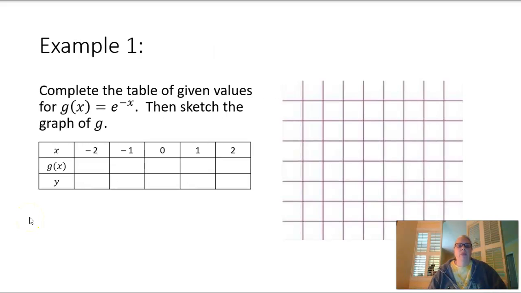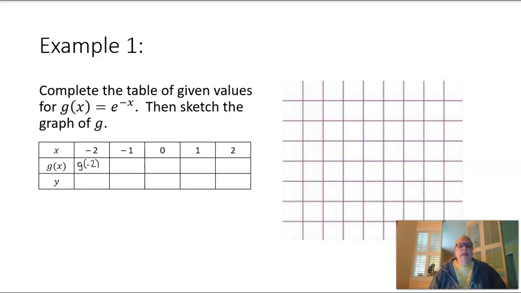For example 1, we're supposed to complete the table of given values for the function g of x is equal to e to the negative x, and then we're going to sketch the graph of g. Okay, so what we want to do is take negative 2 and plug it in for x into the g function.